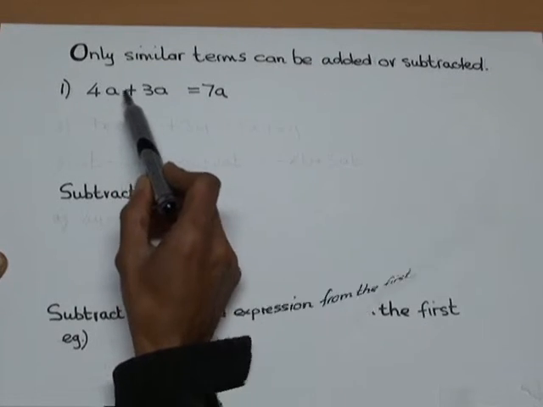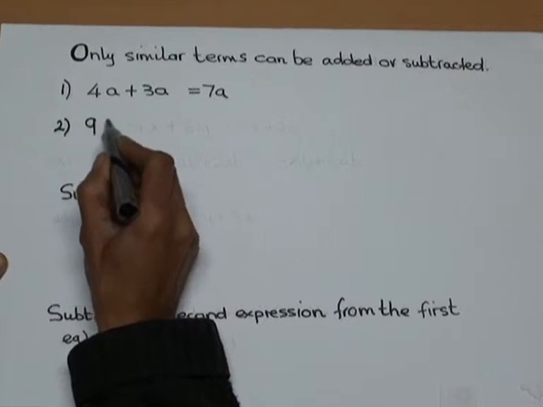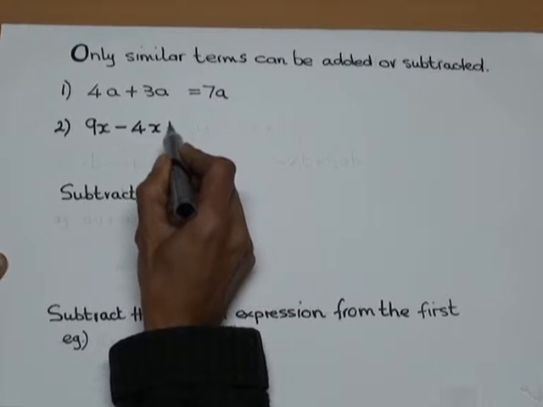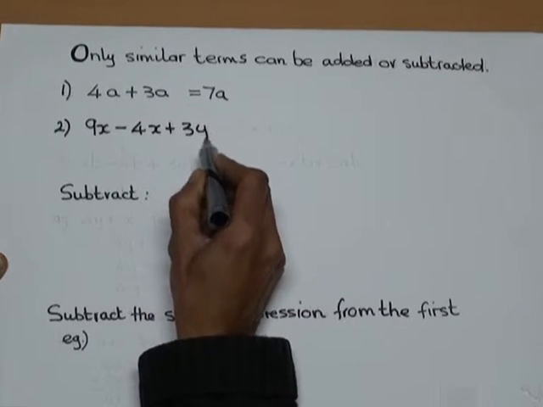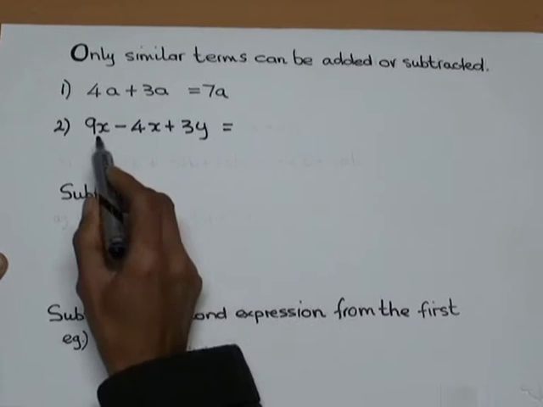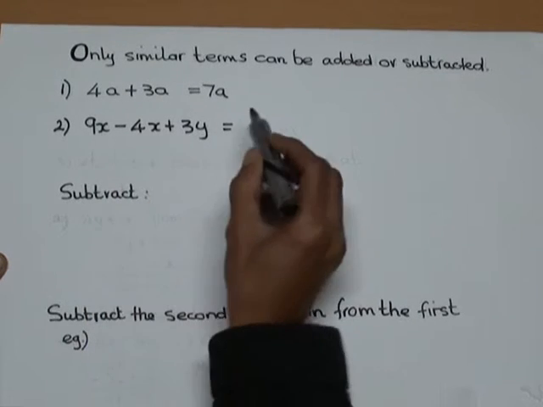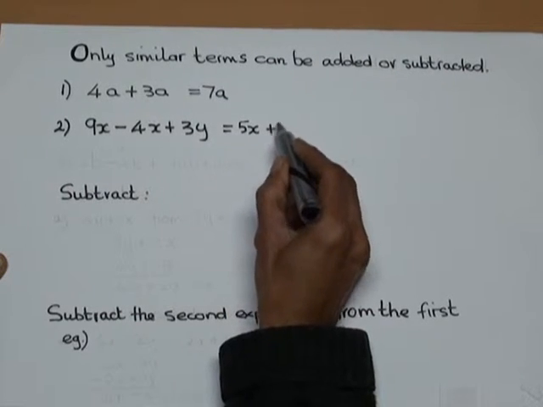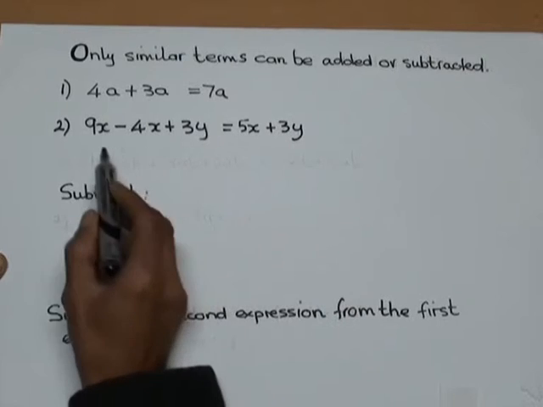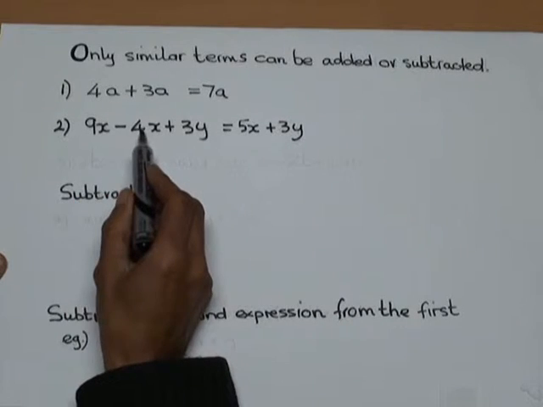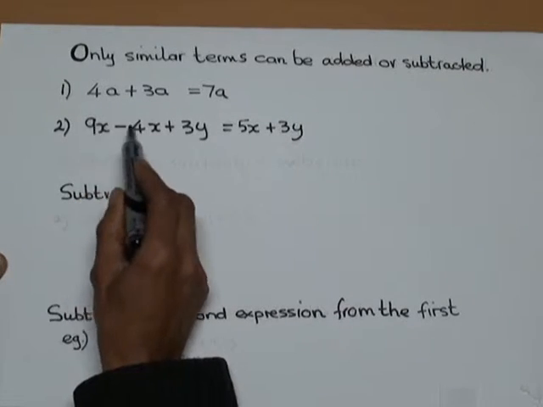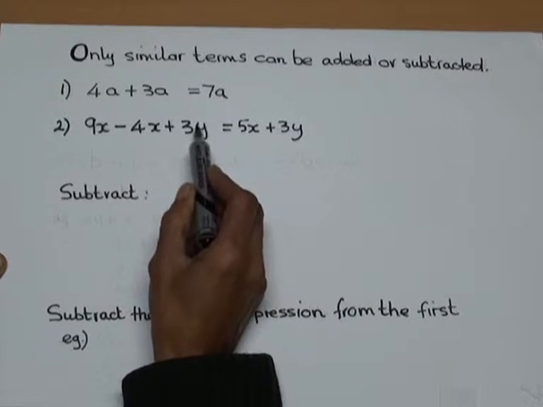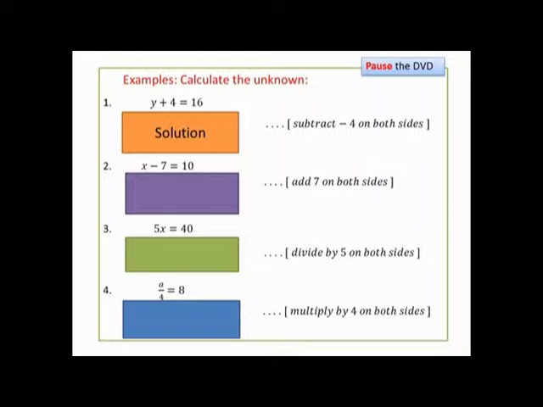The a's, the variables, are the same. 9x minus 4x plus 3y is equal to 9x minus 4x, that is 5x plus 3y. So it's 9 x's minus 4 x's is 5 x's, plus the 3y. We can't add the y and the x.